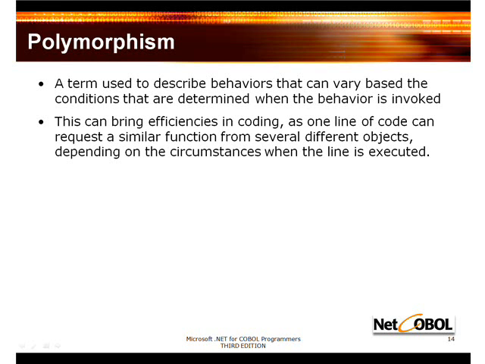Well, the fact is that this particular technique can bring considerable efficiencies in coding to your various applications. One line of code can request similar functionality from several different objects, and the implementation or behavior can all differ depending upon the properties or circumstances of when the line of code is executed.